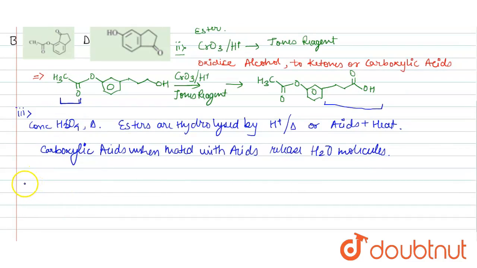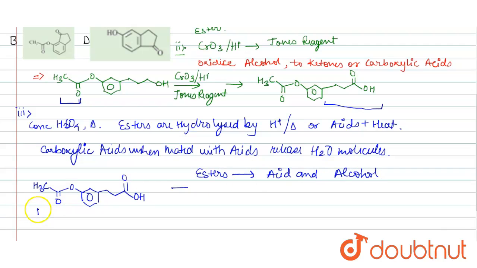If we see the ester part, H3C double bond O, O and the benzene ring, and a carboxylic acid. The common reaction for esters is that they break into an acid and an alcohol.